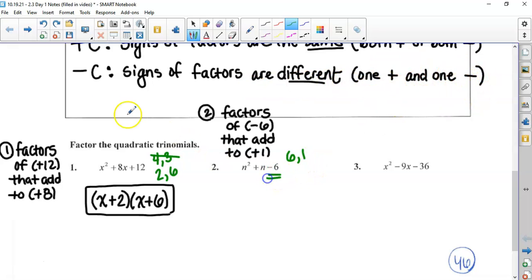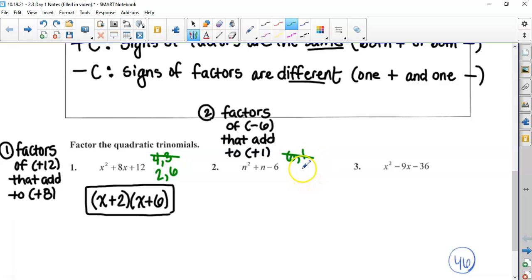To multiply to a negative 6. Well, if this is negative and I add those together, that's a negative 5. No good. I'm trying to get to a positive 1. If I make the 1 negative, 6 plus negative 1 is positive 5, still no good. So no matter what I do, 6 and 1 is out.